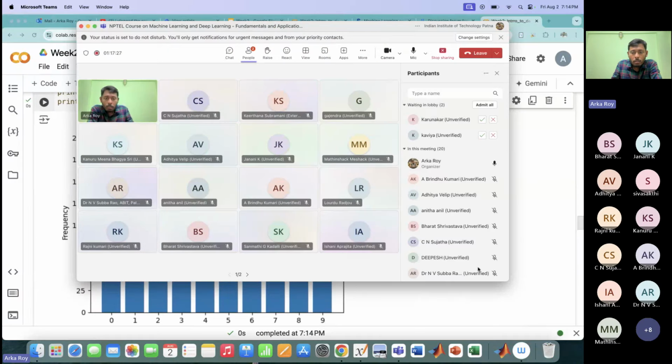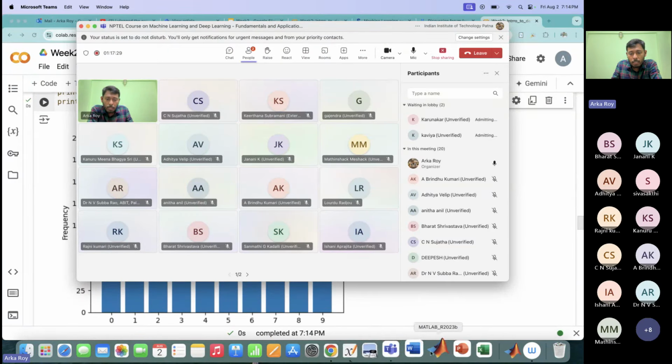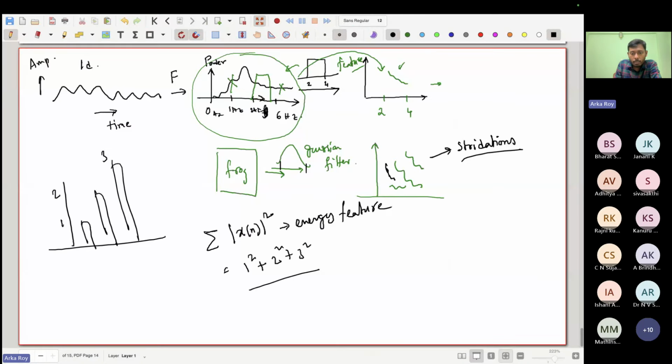Similarly, you can calculate entropy features as well. What is the formula for entropy? The entropy formula is the negative summation of x into log of x.